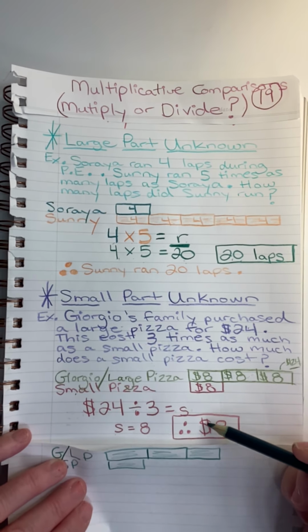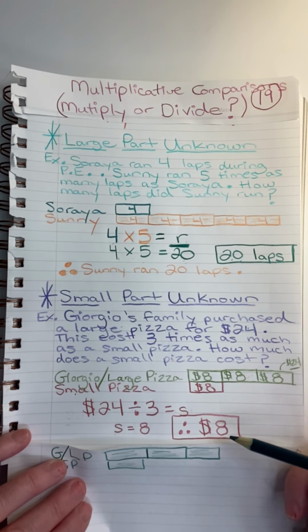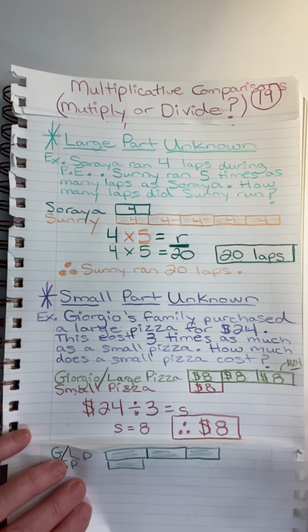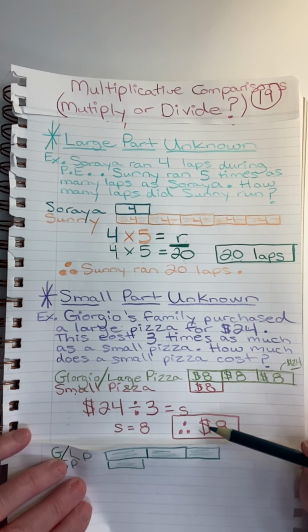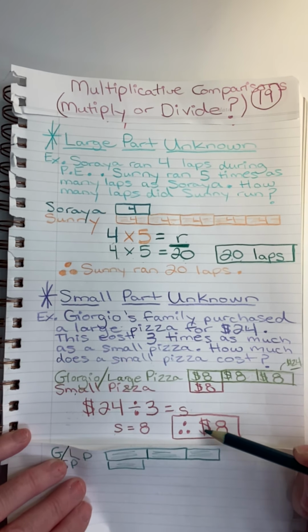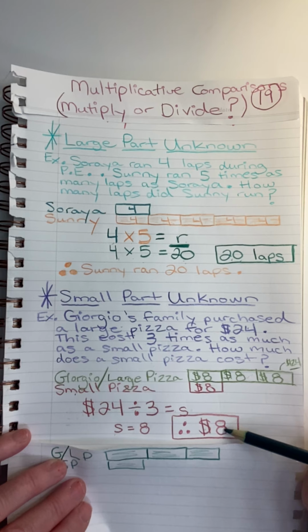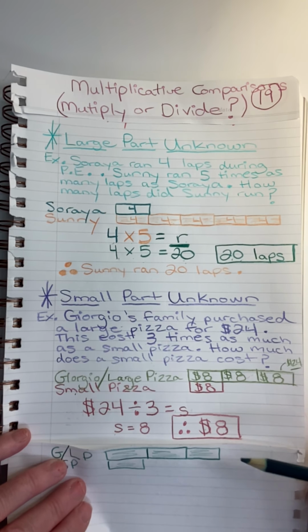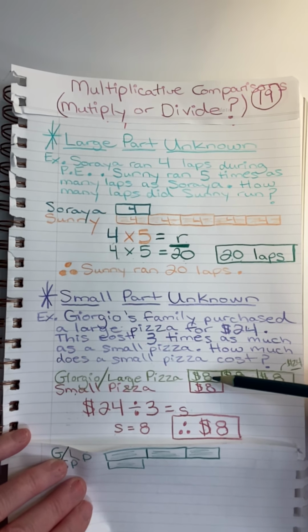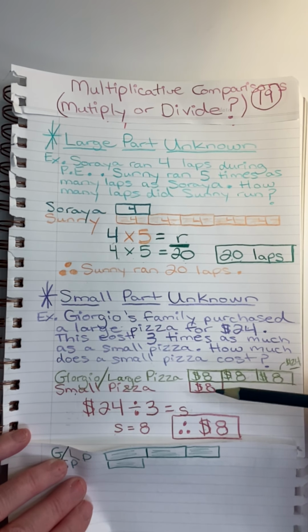And when I have the dollar sign, that is my label. So I don't have to write the word dollars, but I can. So I can choose either the dollar sign and 8. This would be my label, and this is my numeric value. Or I could write 8 and the word dollars, either one. Then to finish the problem, I go back to my comparison bars, and I know the small pizza costs $8.